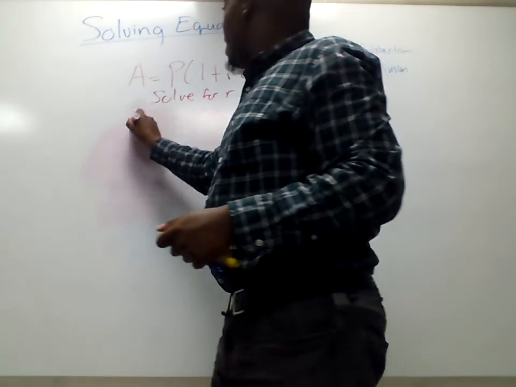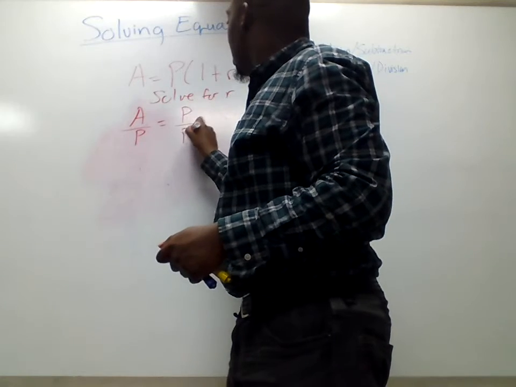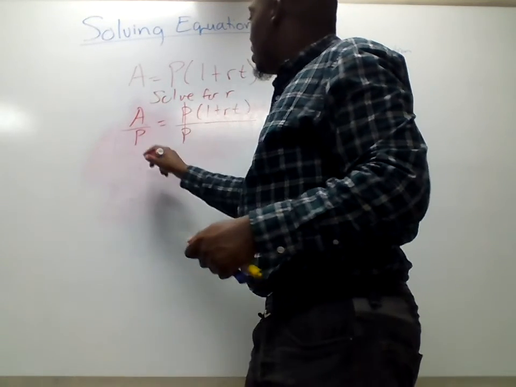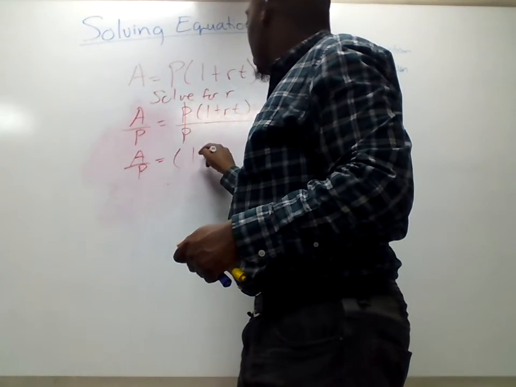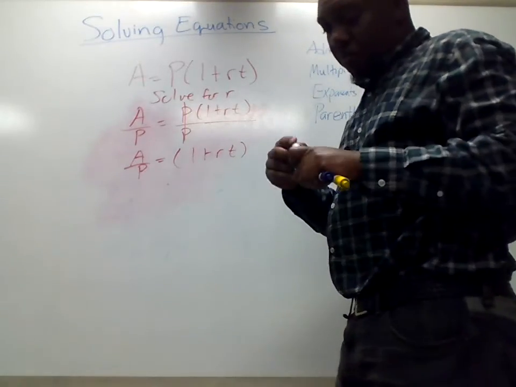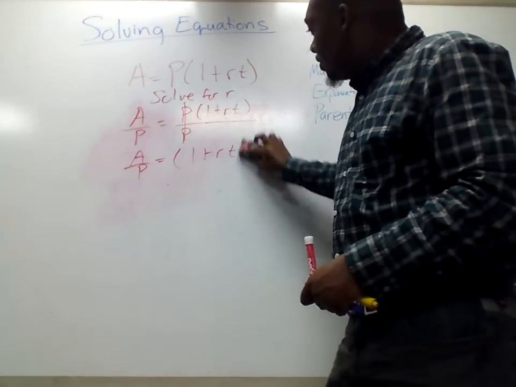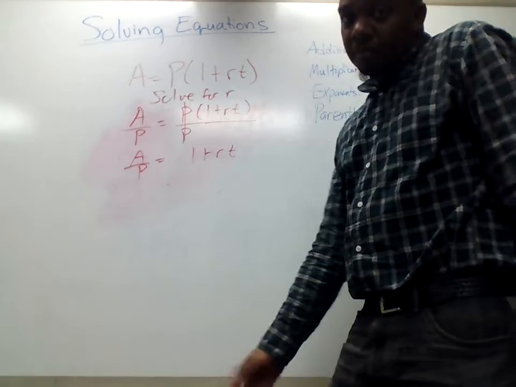So we would divide both sides by P. And honestly, the parentheses aren't even there anymore. Why? Because there's nothing else going on in this equation right now except for what's inside the parentheses. So I'm going to get rid of them.